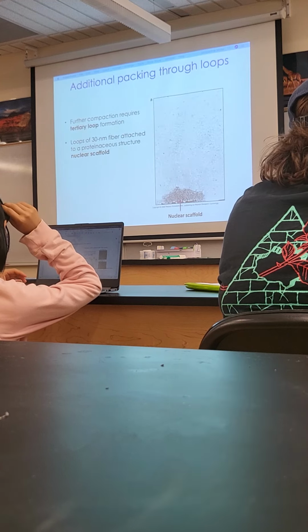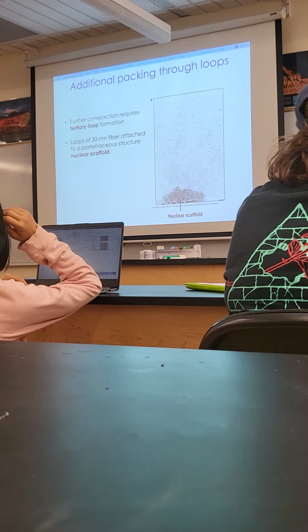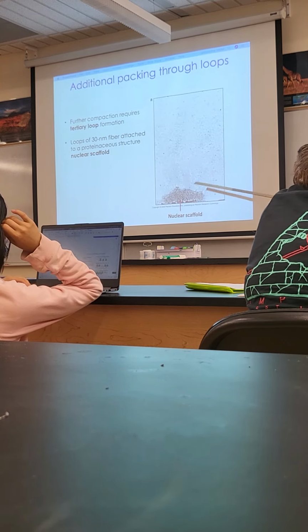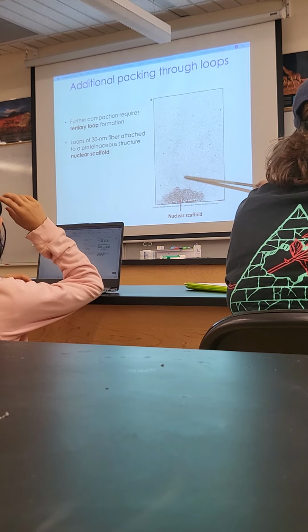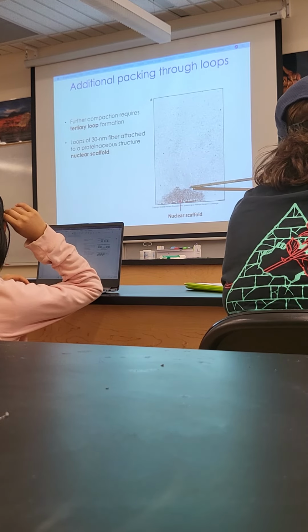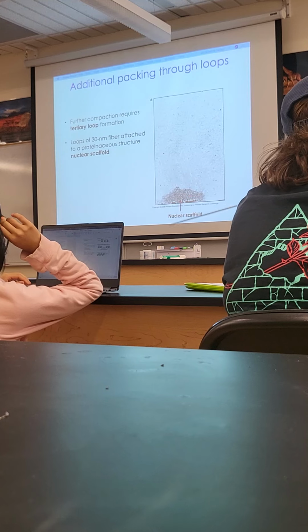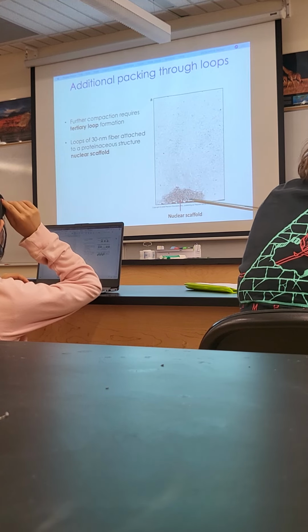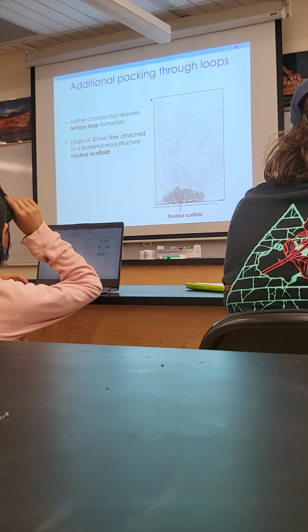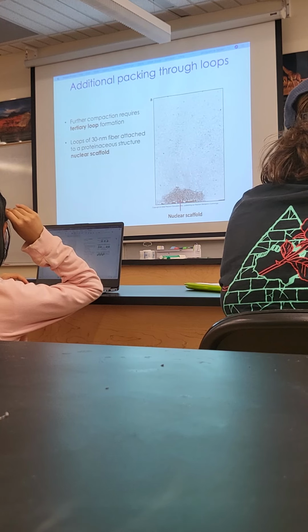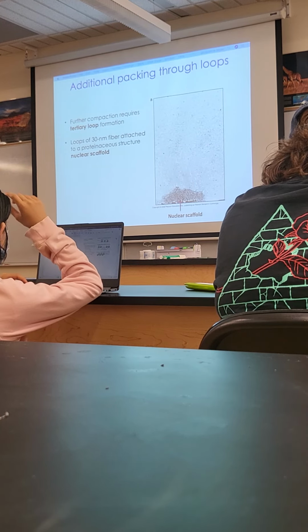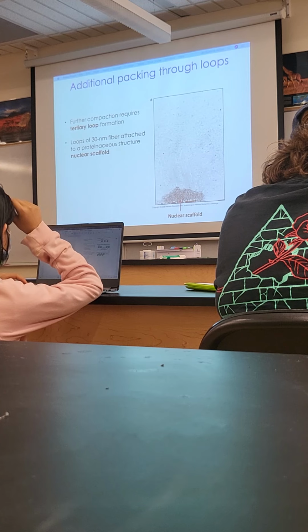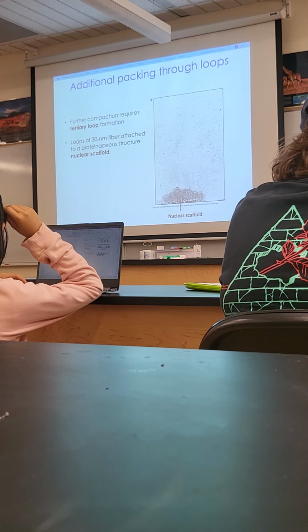From there, you can form these loops. And this is actually an electron micrograph showing some of the DNA extensions, the loops. And they think, so this is still kind of a debated thing, that there are proteins that scaffold it. There's always been a debate in science where once you use microscopy to look at something, you've always manipulated it.